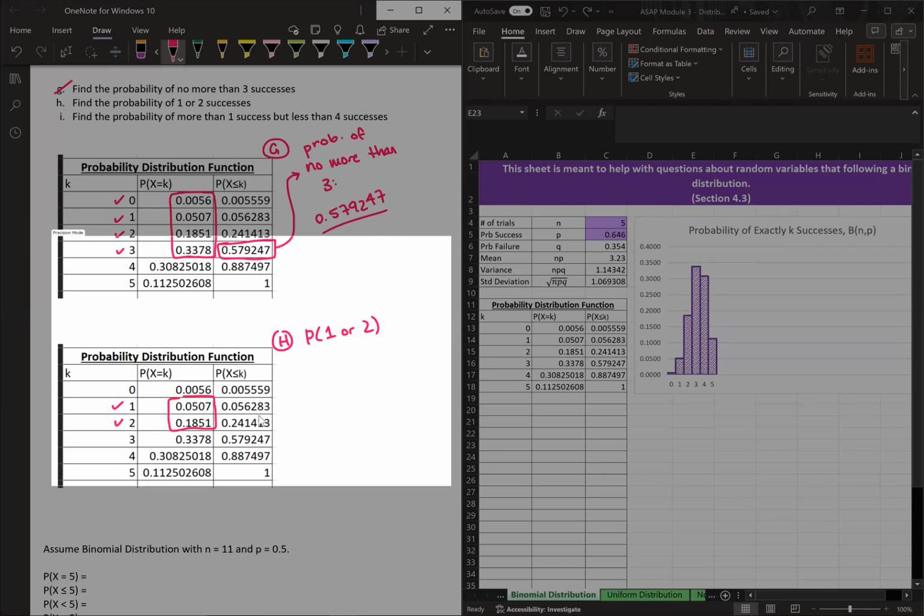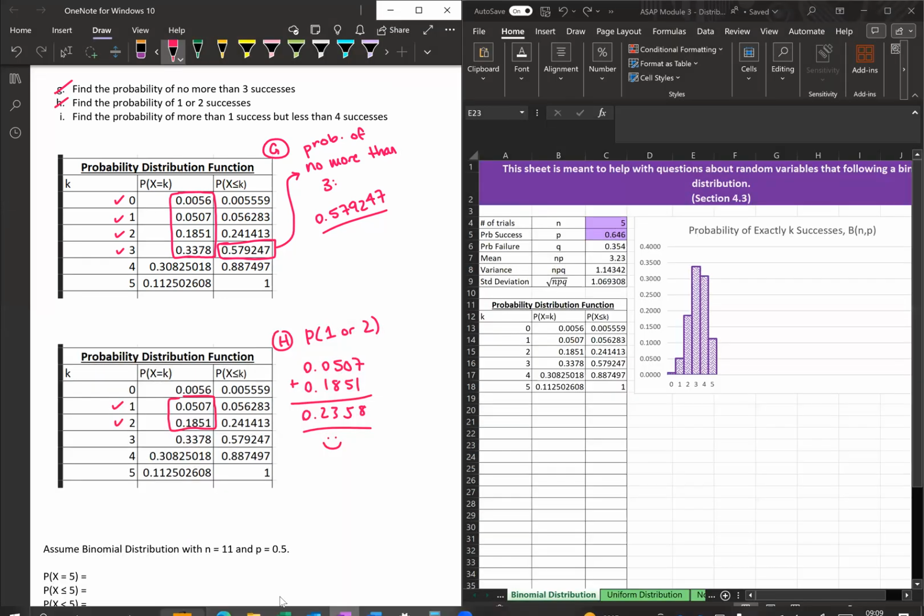I'm just going to add up these two numbers, 0.0507 plus 0.1851, 0.2358. Boom, there's your answer.